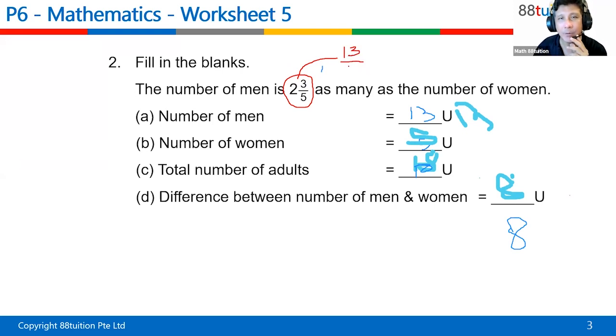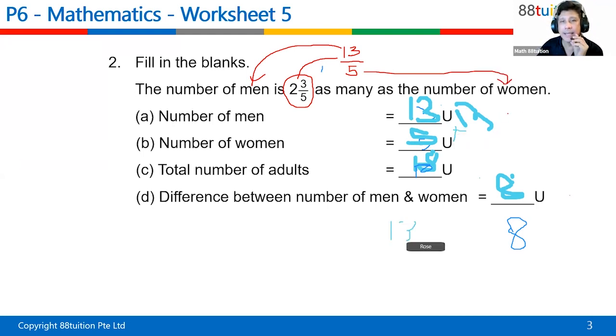One whole is 5, 2 wholes will be 10, but you have 2 wholes and 3/5, so it's 13 out of 5. Once we have it in improper fraction, we can confirm the numerator 13 refers to the men. The denominator, which is 5, belongs to the women. So yes, we have our friends filling in for us: 13 units of men, 5 units of women.